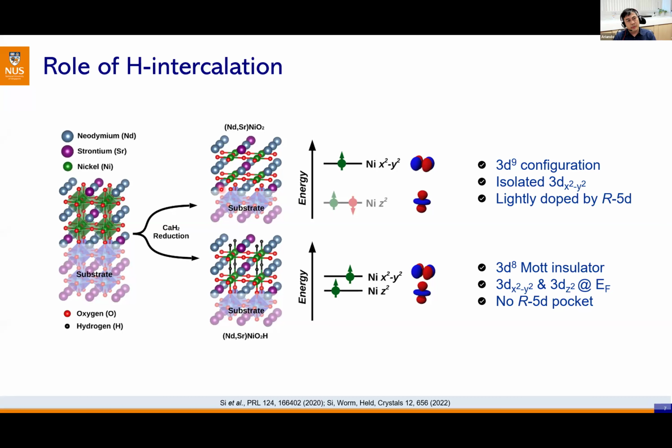For example, if you manage to have an infinite layer phase, your 3d9 structure can really be isolated in terms of the 3d x squared minus y squared orbital, in the undoped case with a slight electron doping by the 5d.